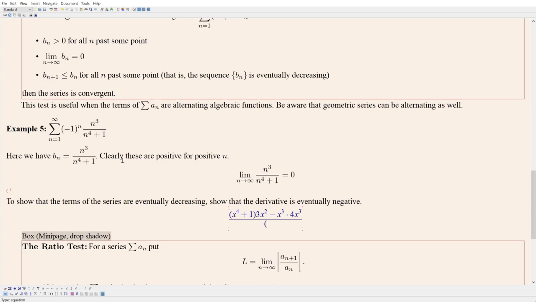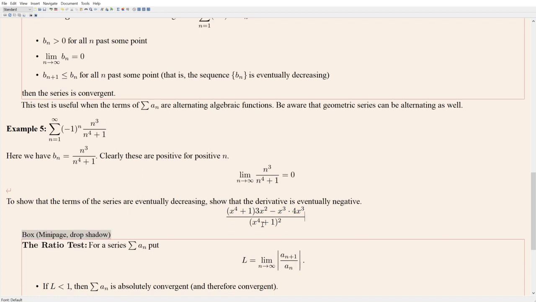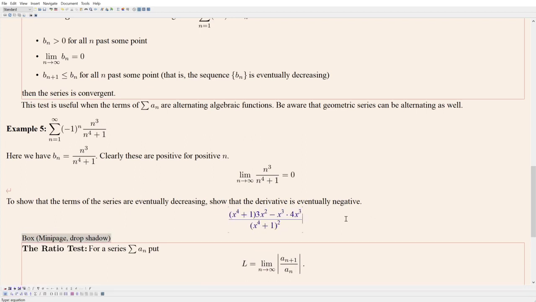So the denominator is a square, so that's always going to be positive. So we really only need to show that the numerator is negative, or that the numerator is eventually negative.